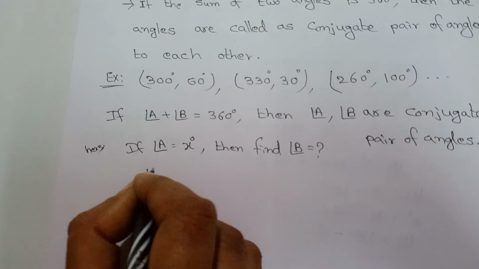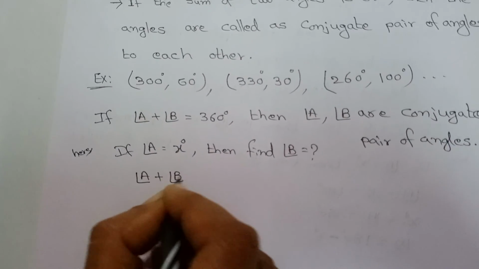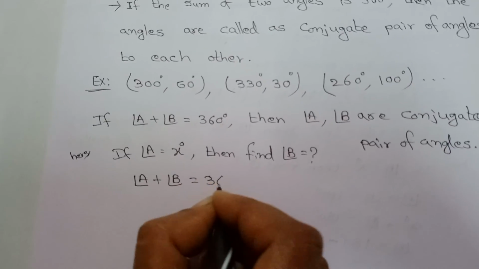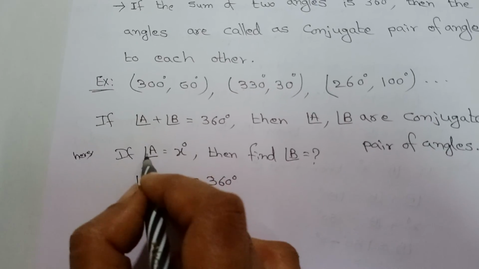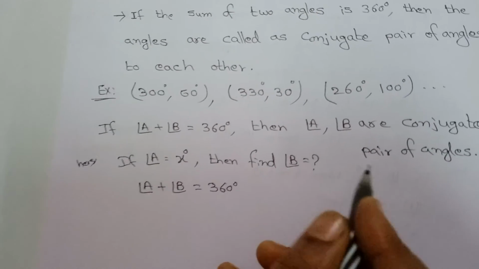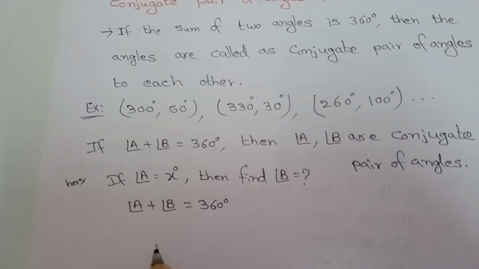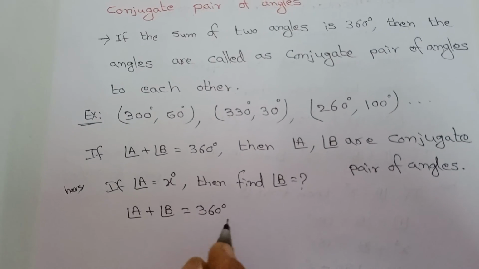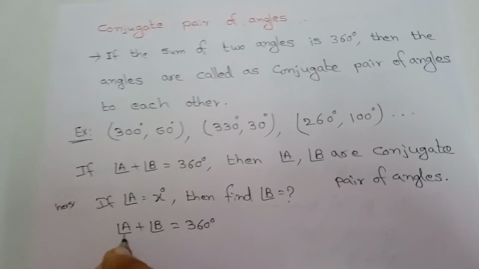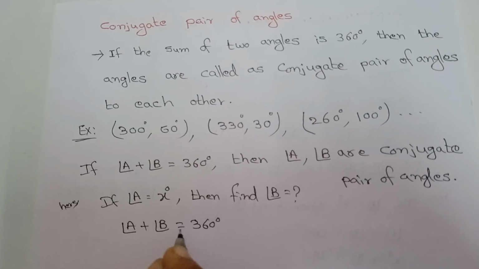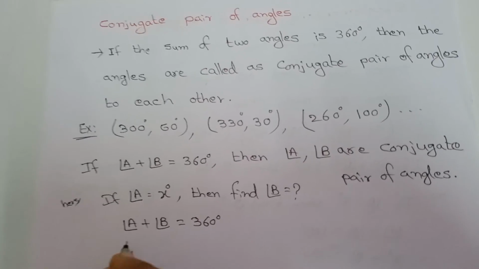We take angle A plus angle B is equal to 360. Why? Because angle A, angle B are conjugate angles to each other. That's why we take angle A plus angle B is equal to 360 degrees. Okay.